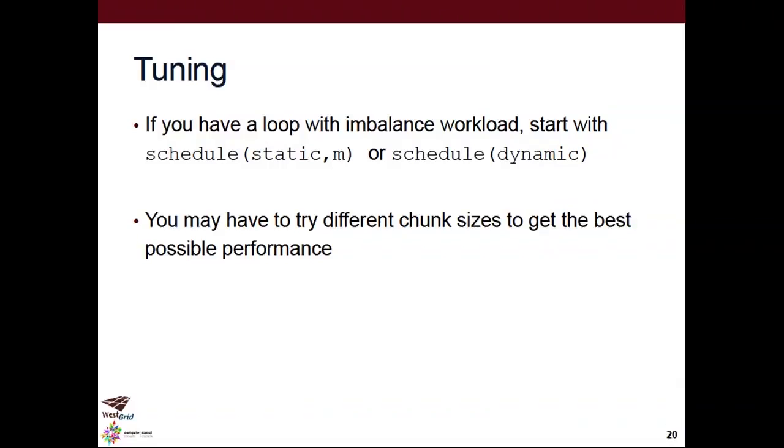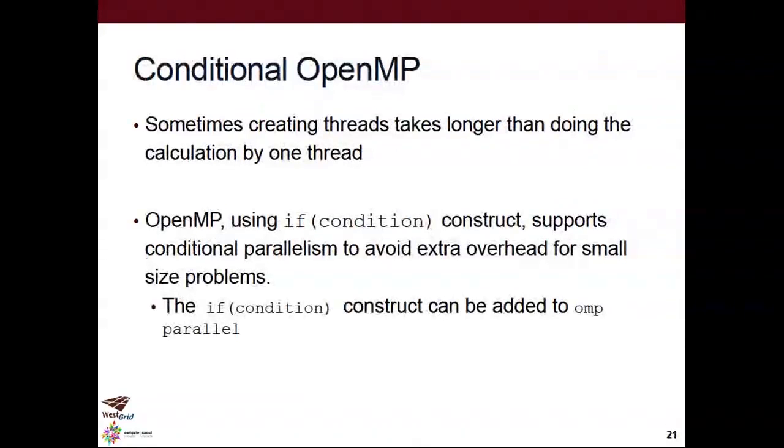If you have some imbalanced workload, you can start with static with different chunk sizes, or you can go with dynamic. If you see that you are getting better speedup, you can maybe start making this chunk size smaller. Or if you see that with dynamic it's getting worse, it means that the chunk size is too small, so you may want to increase that one. That's something that you may consider when you're working on real-world applications with OpenMP.